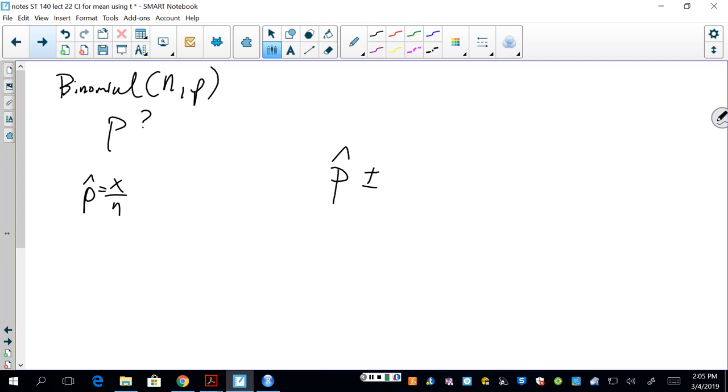Now, it's an issue in probability theory that the normal approximation to the binomial is a little bit different. So we still use normal there. We'll try to just keep that straight. The variability, the standard error for p hat, is the square root of p times 1 minus p over n. And so that's the standard error we want to put there.